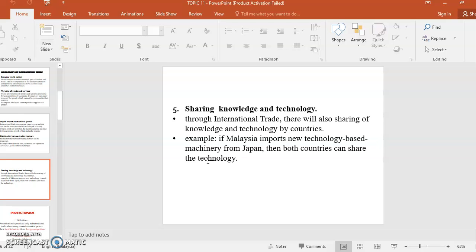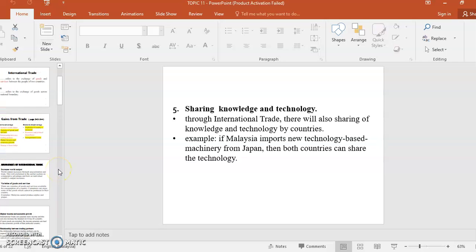Sebab itu dia share teknologi. Negara Japan, dia share teknologi dengan Malaysia. So kita pun dapat produk yang setanding dengan Japan sebab teknologi dia bagus. Like Inspira, macam Lancer lah, Mitsubishi Lancer.